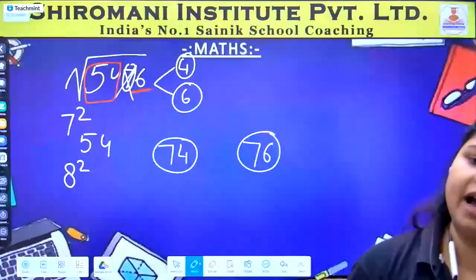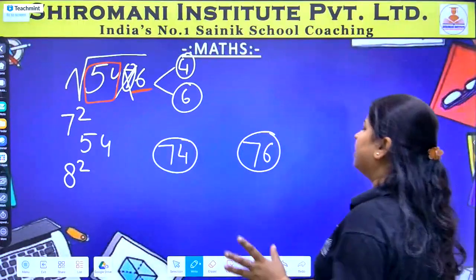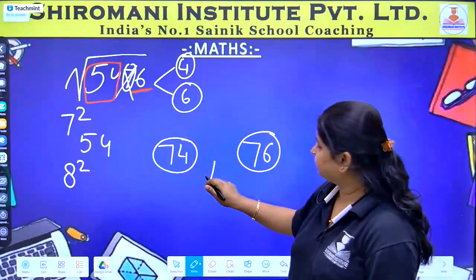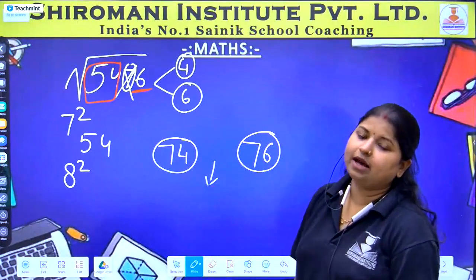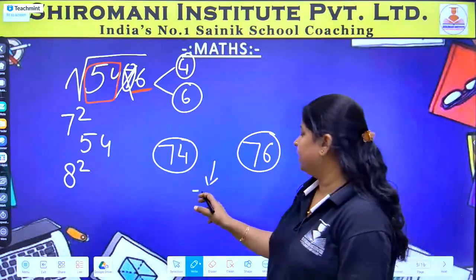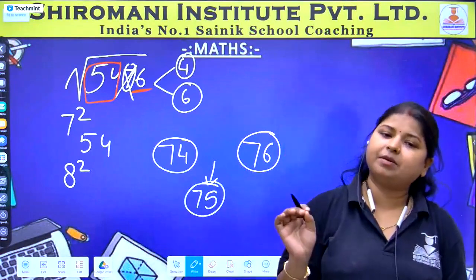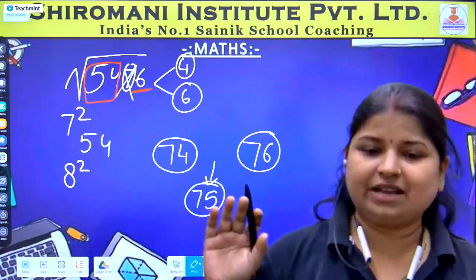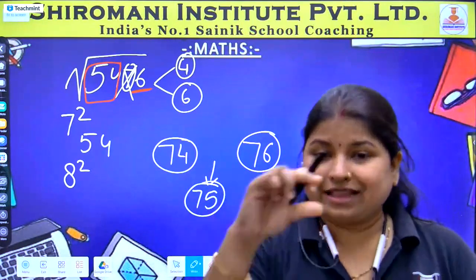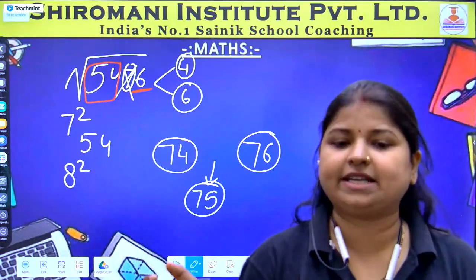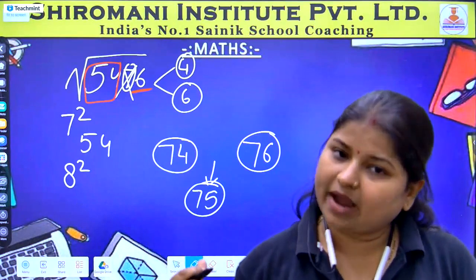Okay. So now I have to calculate which one is my answer, 74 or 76. So take out the square of the middle number. Middle number means not the middle of 74 and 76, but the number in the line of 70s, so I am calculating the square of 75.